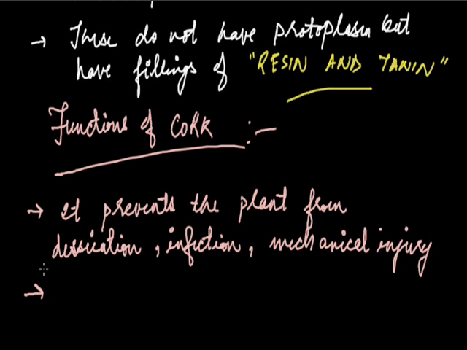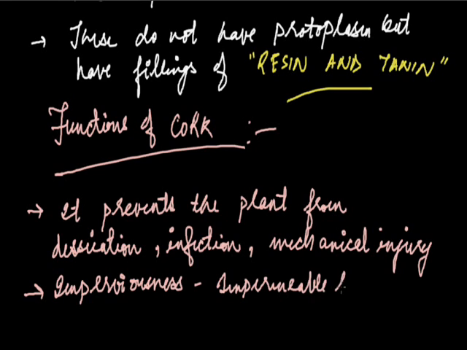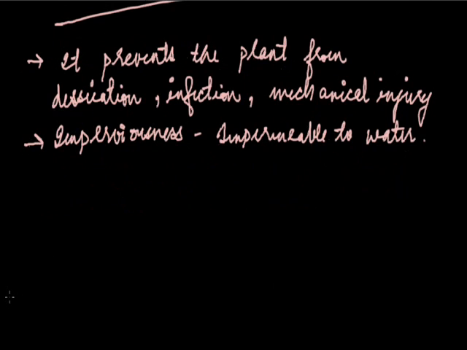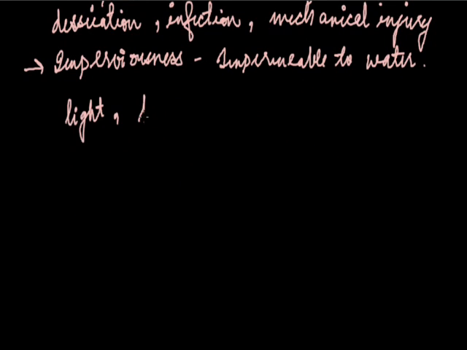Its imperviousness, lightness, toughness, compressibility and elasticity make the cork commercially valuable. Imperviousness means it is impermeable to water, and it is light, tough and compressible.